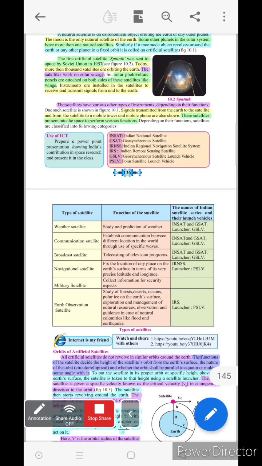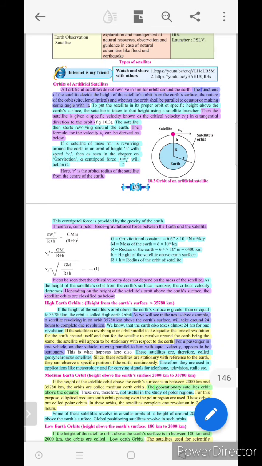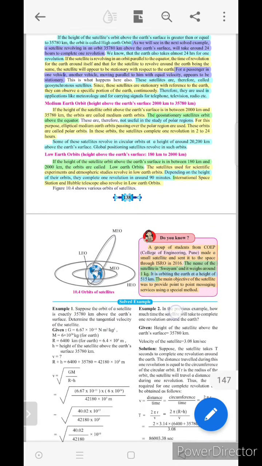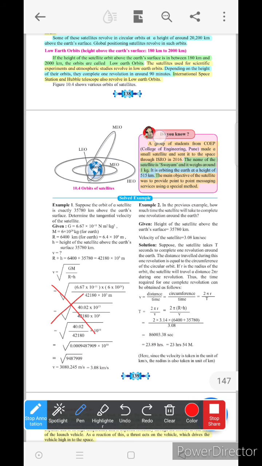Now we will move on to page number 137. There is no reduction. Page number 138 also no reduction. Now directly we will move on to page number 139. There is a pink color box, Do You Know.